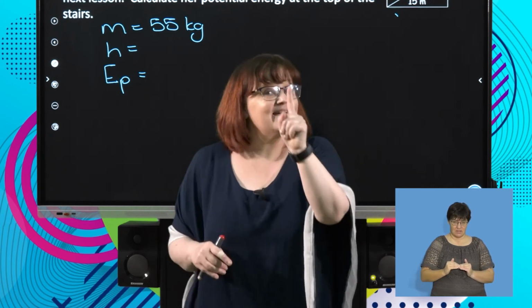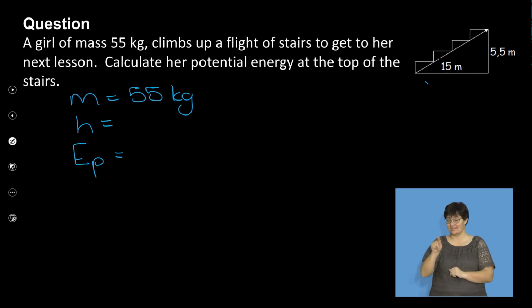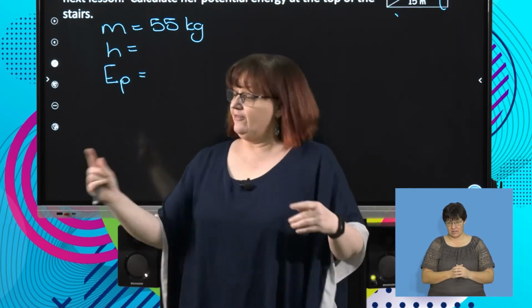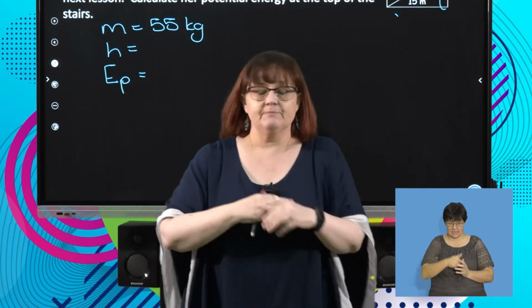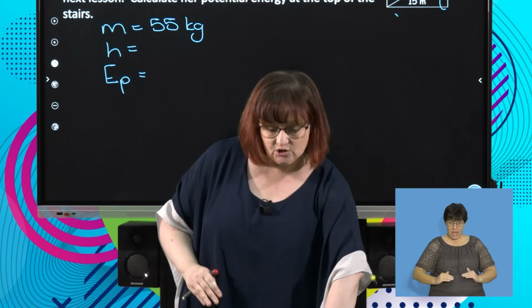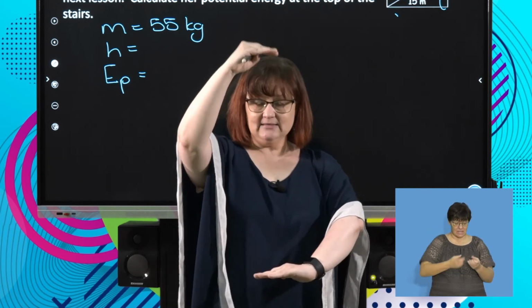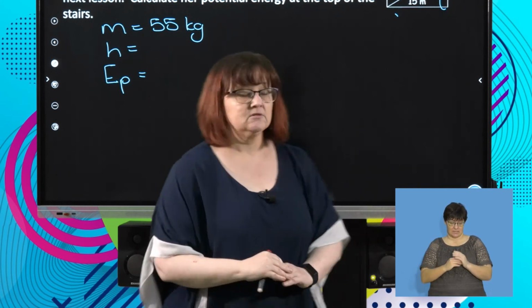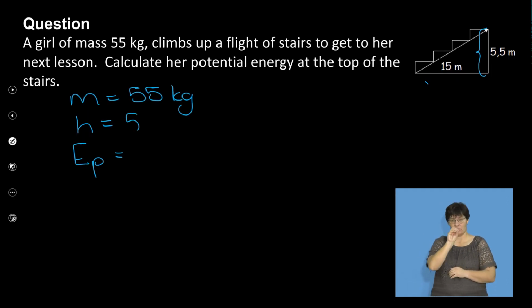So actually the height that's important is the 5.5. The 15 doesn't matter. It doesn't matter how many stairs she went up, or whether they were winding stairs. All I'm concerned about is that from where she started to where she ended, that height was 5.5 meters. So here, I put 5.5.